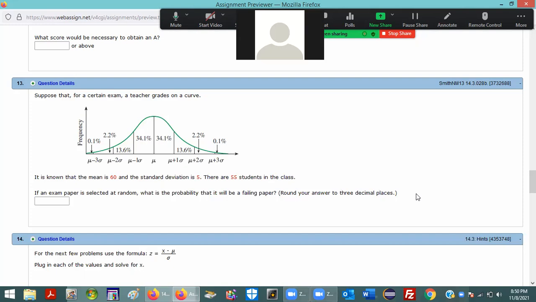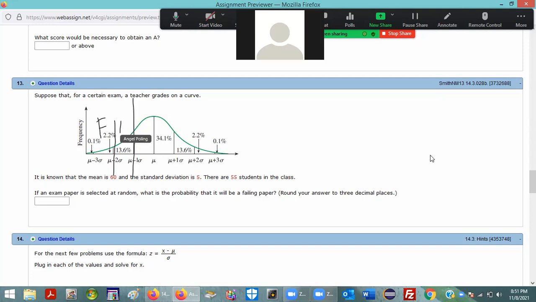Here we have, if an exam paper is selected at random, what's the probability it will be a failing paper? Do they consider a D a fail? Or are they looking at just F's? That would be an important question to know the answer to, right?